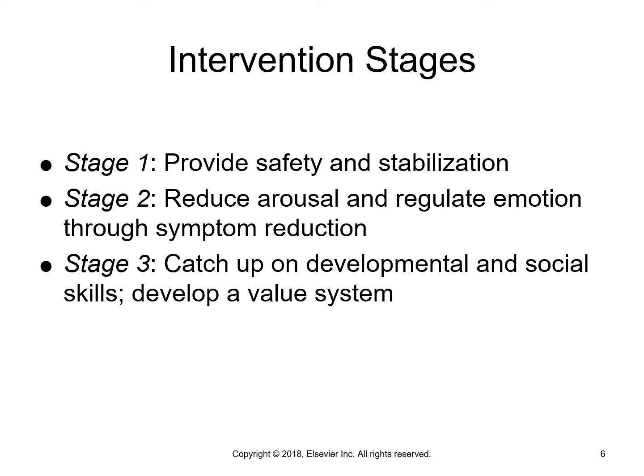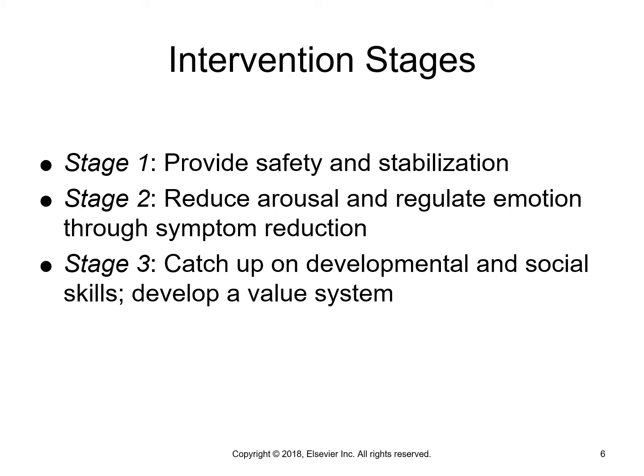Stage 3 is the developmental and social skills. Here we are catching up on developmental and social skills. We are teaching them problem-solving skills, social skills training. Here we further teach them coping skills to deal with trauma, and also use healthy social support systems to help regulate further development of social and developmental skills.